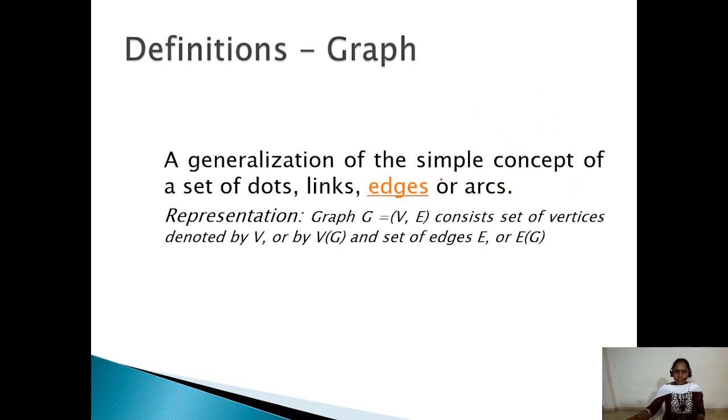Next, this is one definition of a graph. It means dots, links, edges and or arcs.